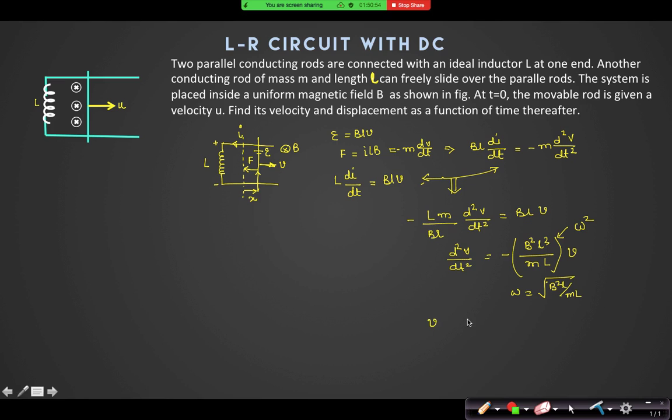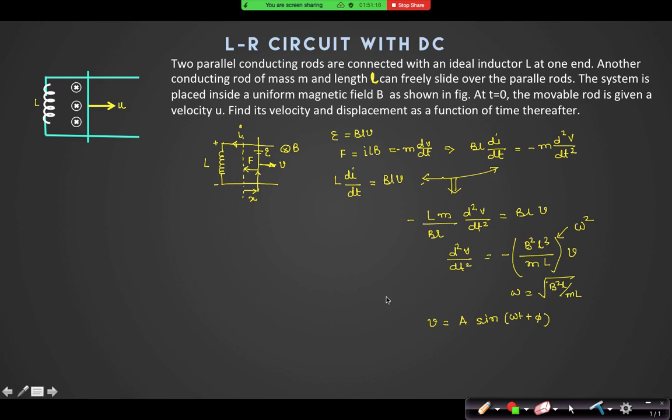Function of v should be v naught or u into sine omega t plus phi. Yes or no? Why have I written u here, or let me write it as a. Is it okay now?